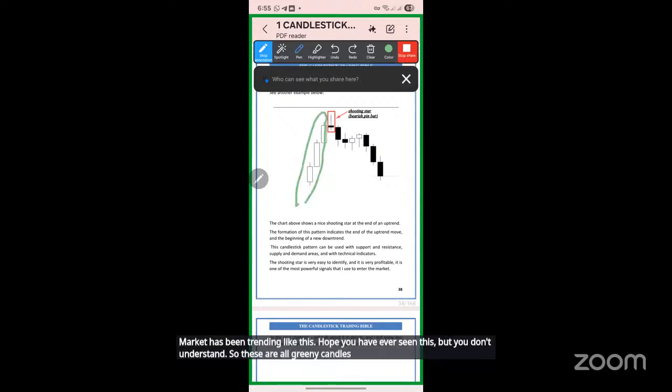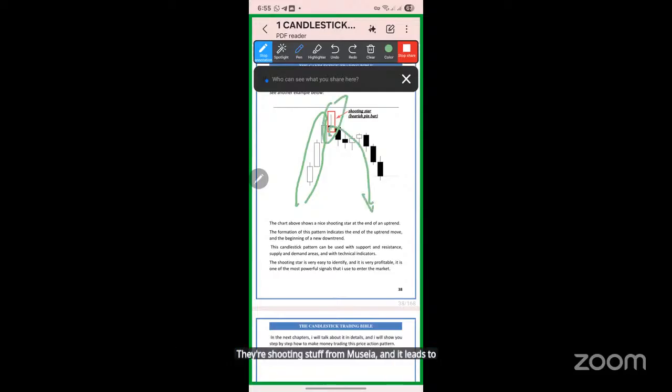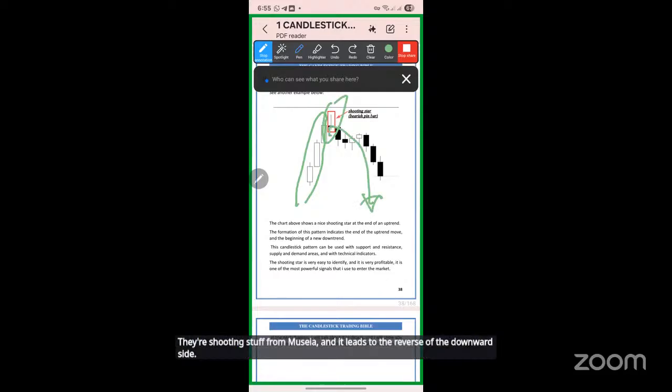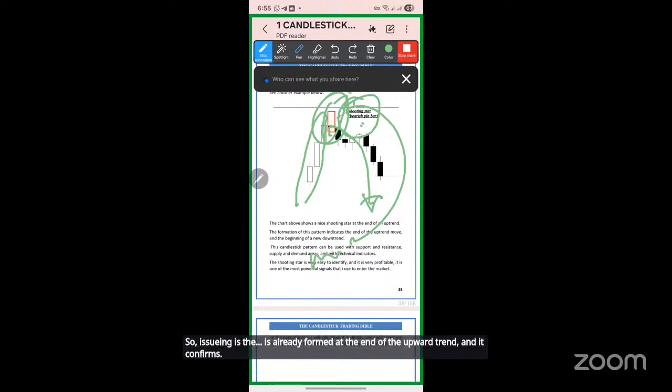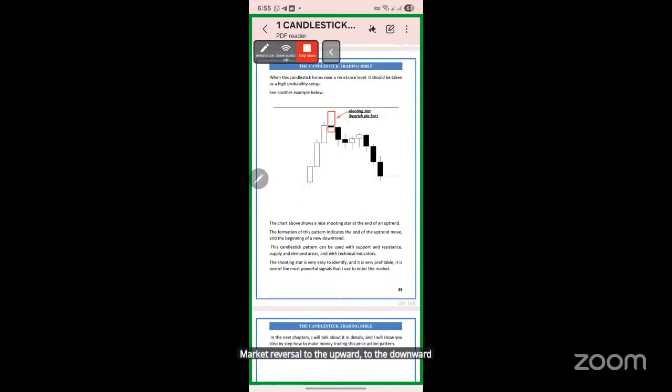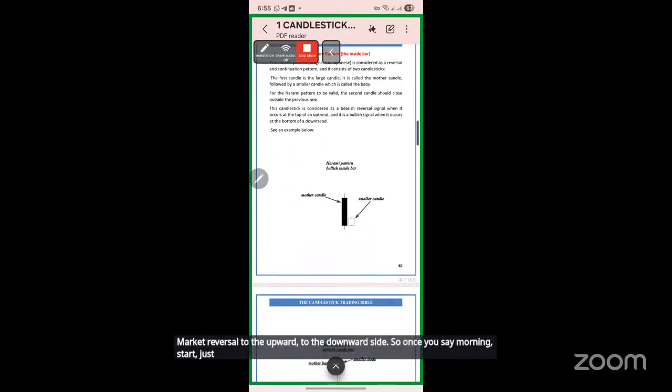The market is ranging upwards, a shooting star forms here, and it leads to a reversal to the downward side. So a shooting star is always formed at the end of the upward trend, and it confirms a market reversal to the downward side.